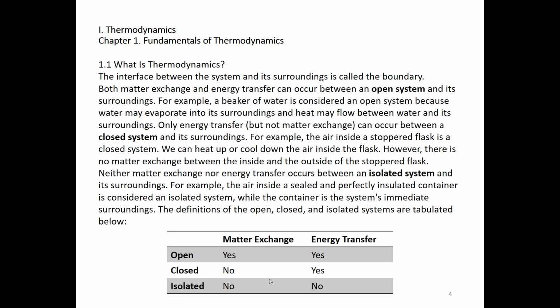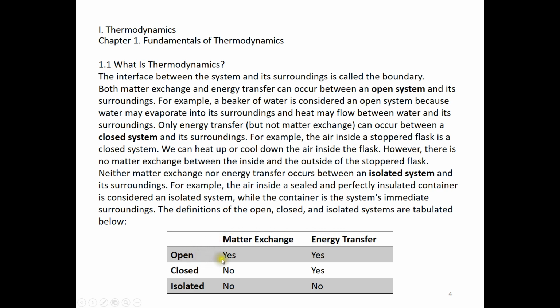There are 3 different kinds of systems: open system, closed system, and isolated system. What are the differences? We look at 2 important features: if there's any matter exchange between the system and its surroundings, and if there's any energy transfer between the system and its surroundings.